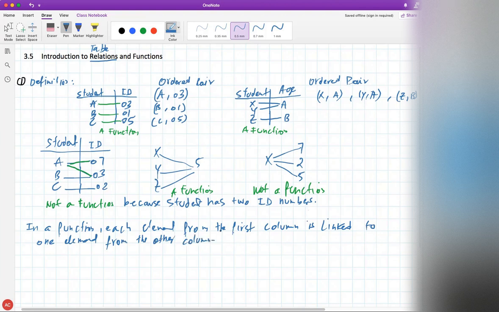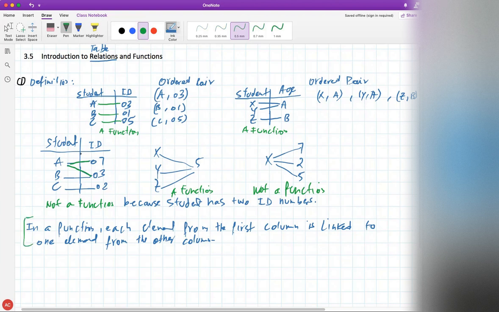So again, in a function, each element from the first column here must be linked to exactly one element from the other side, not 2. This one is linked to 2. It should be linked to one element from the other column. That's another way of defining or looking at it.